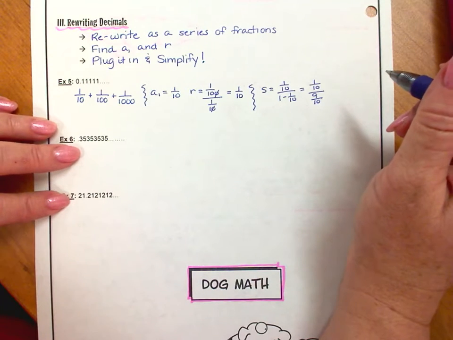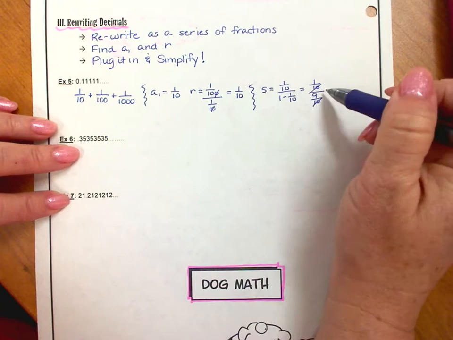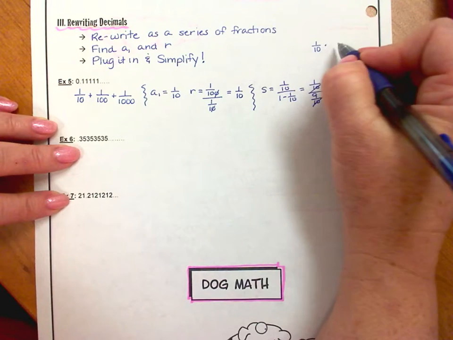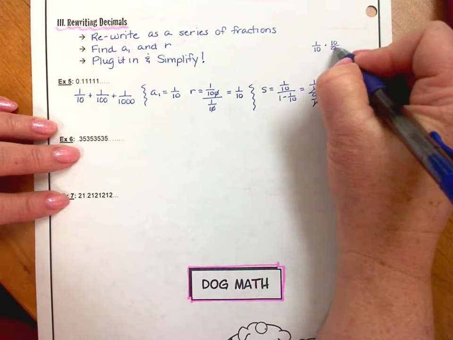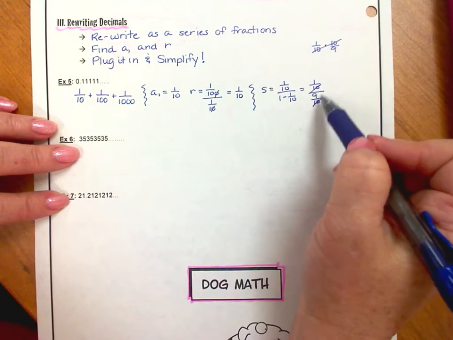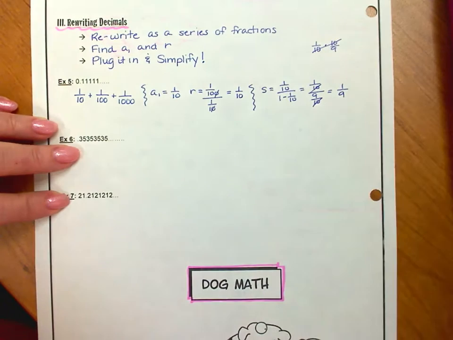Okay, so now we can cancel, and what I just did was 1/10 times 10 over 9. I flipped and multiplied, and then I can cancel. And it works the same way when you're dividing if you just cancel the denominator. So I end up with 1/9. Okay?